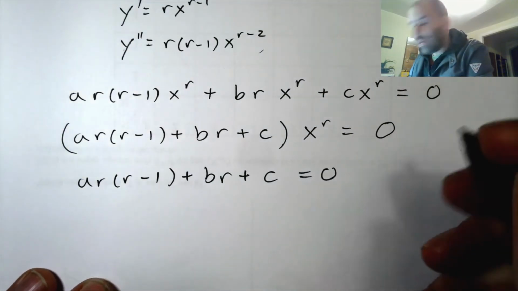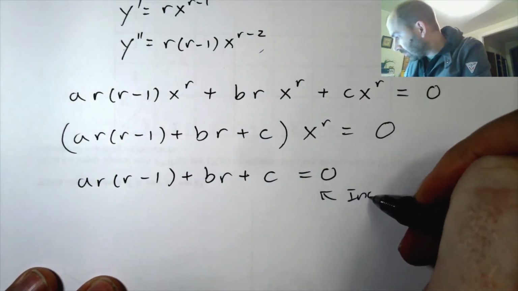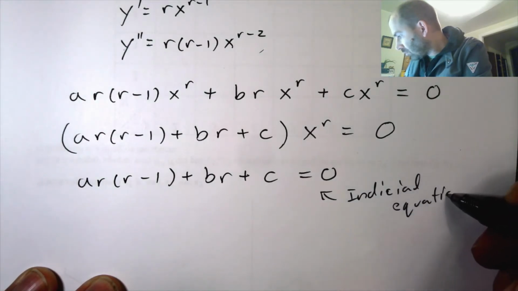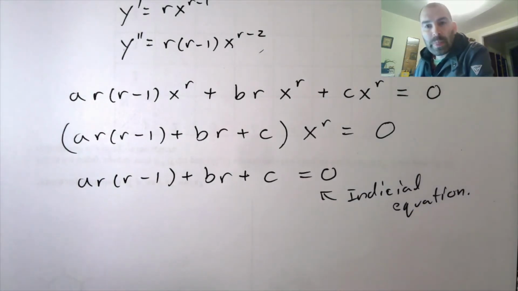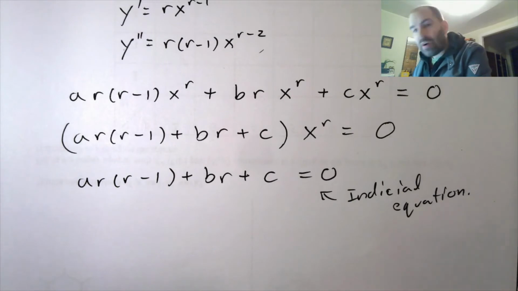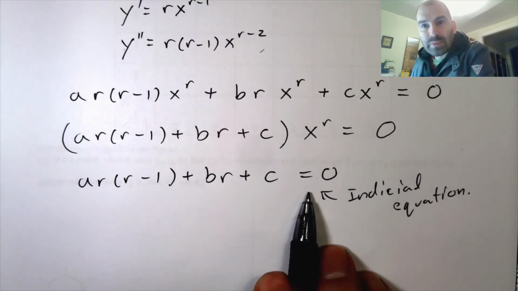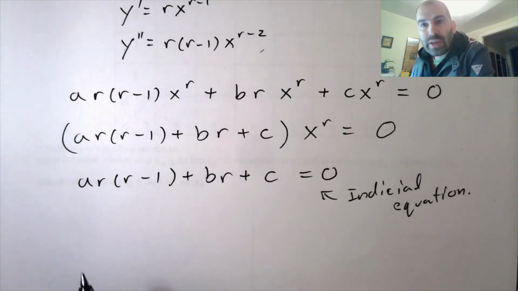This is called my indicial equation. And solving this for r is going to give me my solutions. Okay. So there are 3 situations. This is a second order polynomial, second degree, right? So it will have 2 solutions.